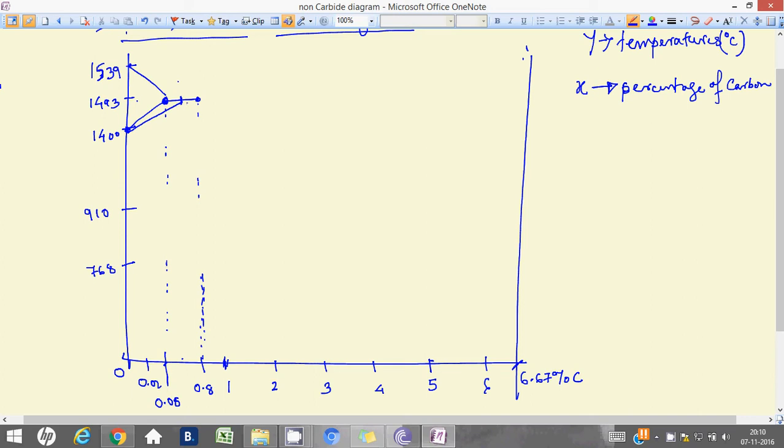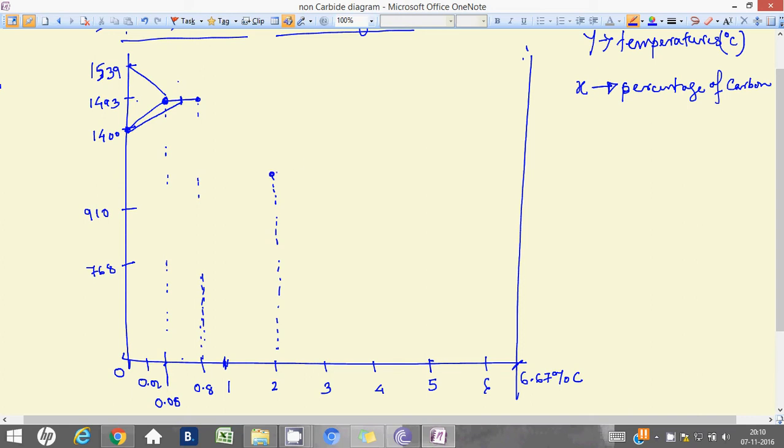Next, we will take a certain point above 910 and a certain point below 768. The point that we are considering in this graphical context above 910 should be parallel to this 2 percentage.